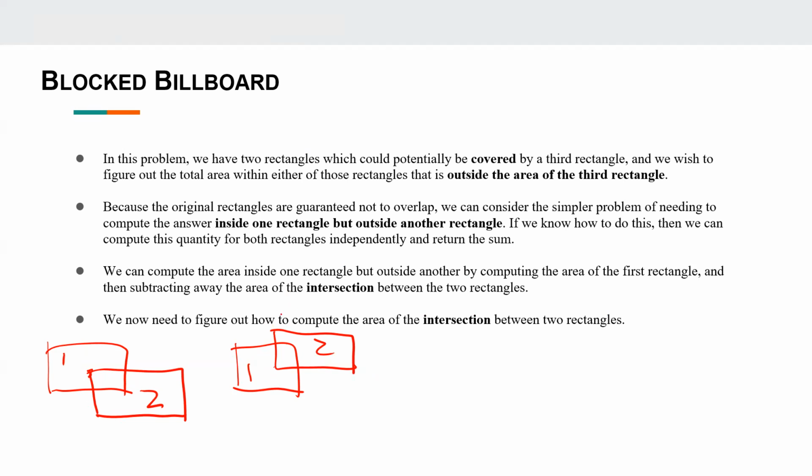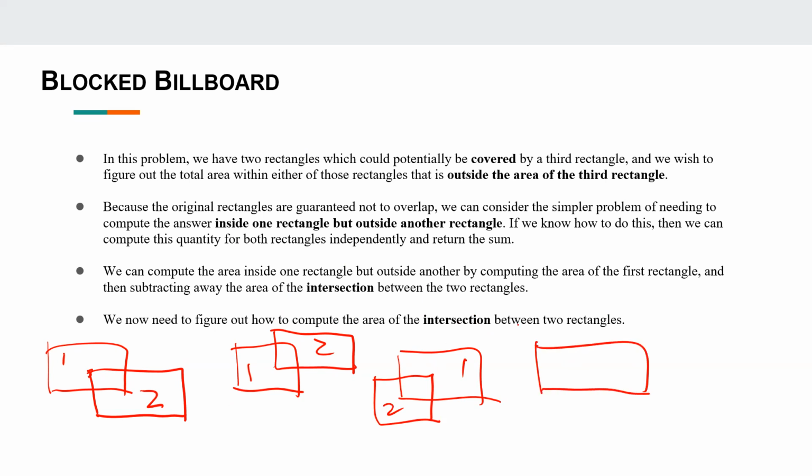So you need to consider all four corners, where one of the corners is inside this rectangle. It could be like this, where this is 2 and this is 1, or like this. So there are four corners, and one of the corners is inside rectangle 1.